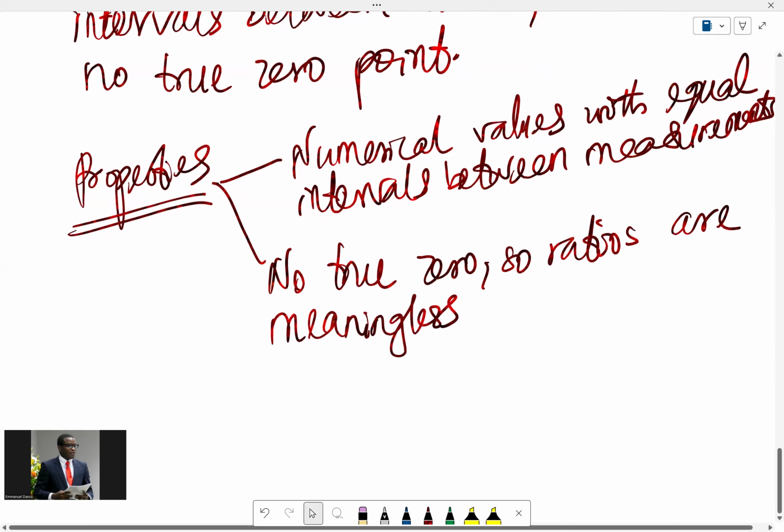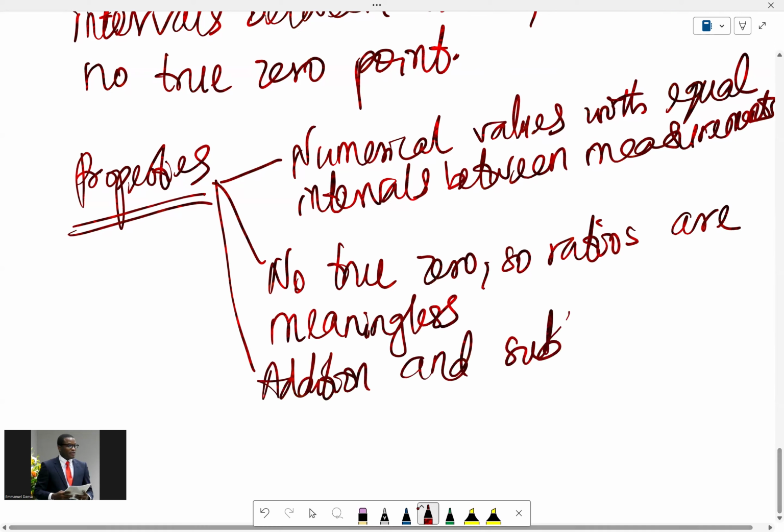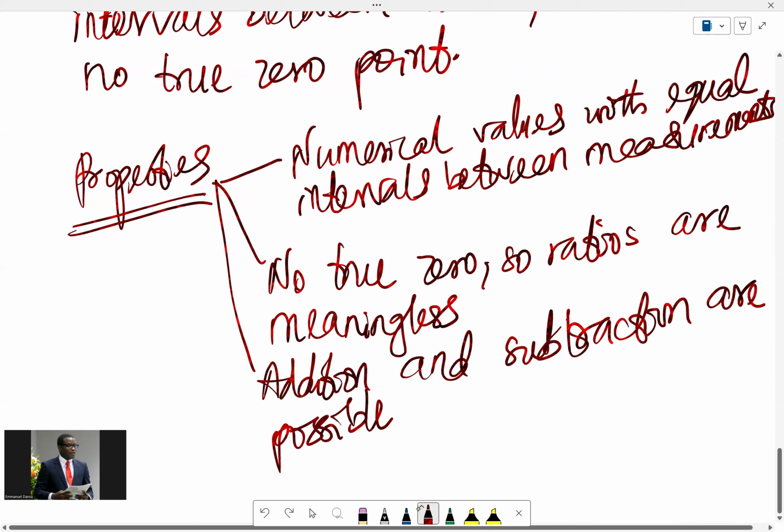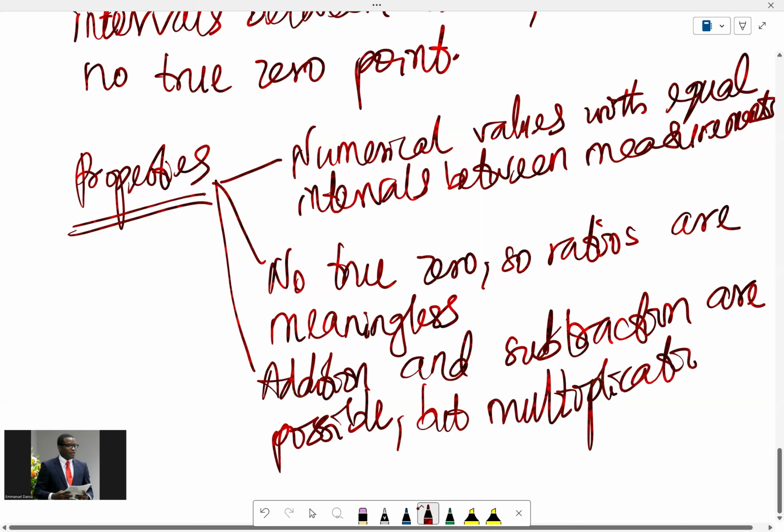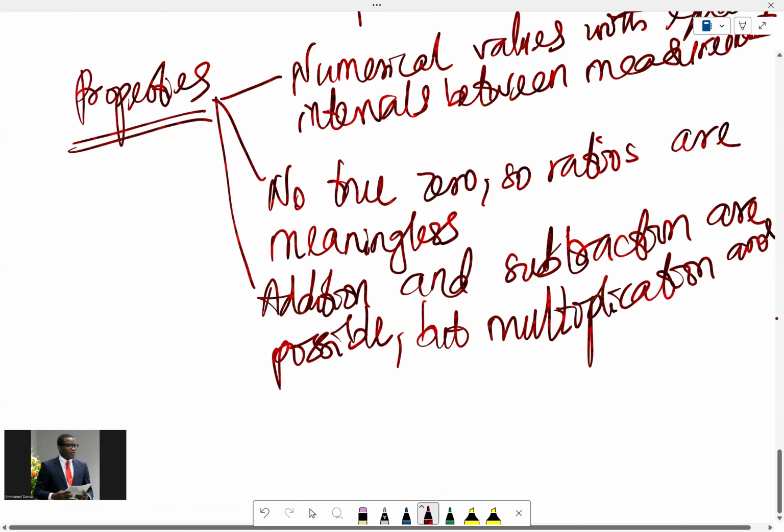Okay. And the next thing is that addition and subtraction are possible. You can actually add or subtract here, but multiplication and division are not possible.